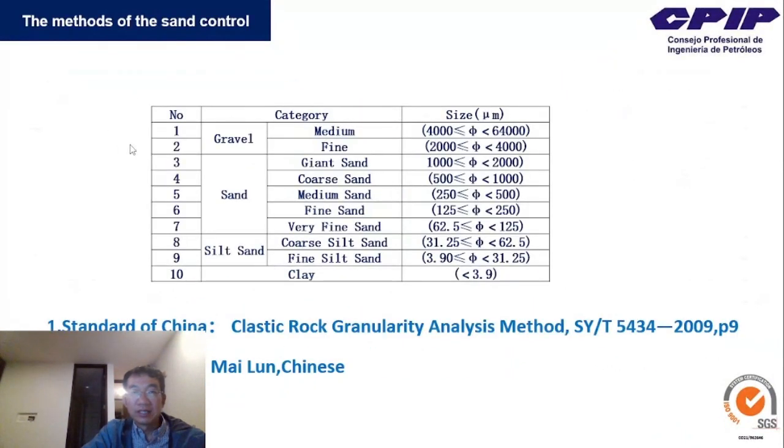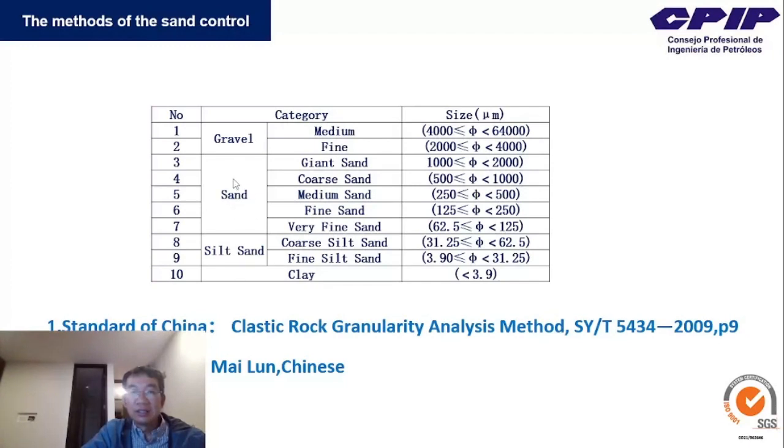We can see the gravel, the sand size is medium. Medium means between 4,000 to 64,000, and fine means the size between 2,000 and 4,000.